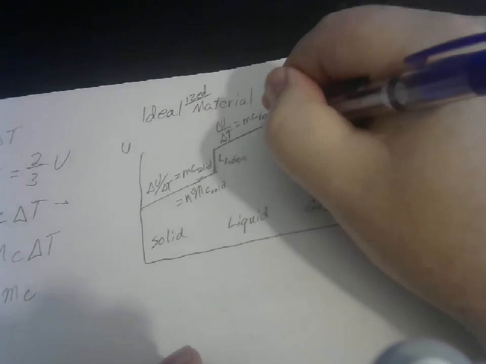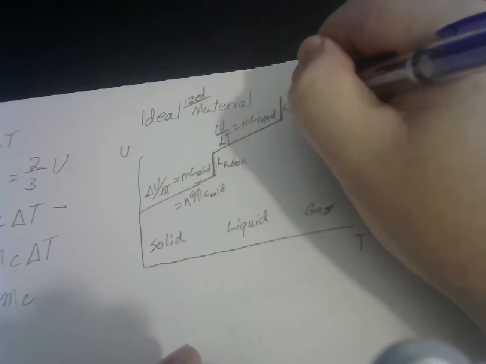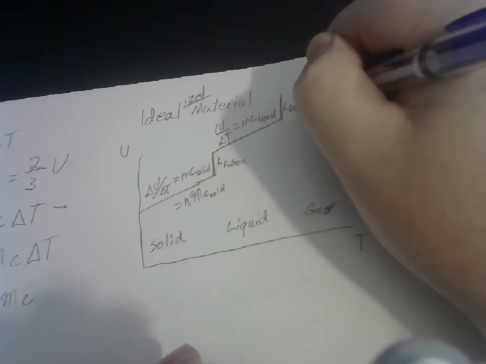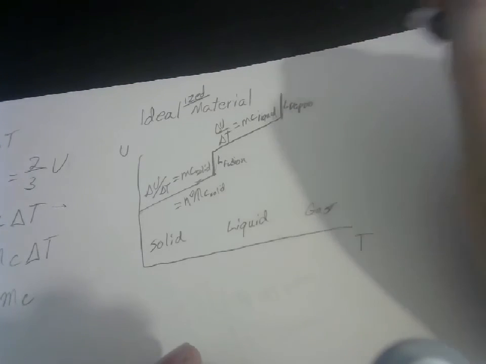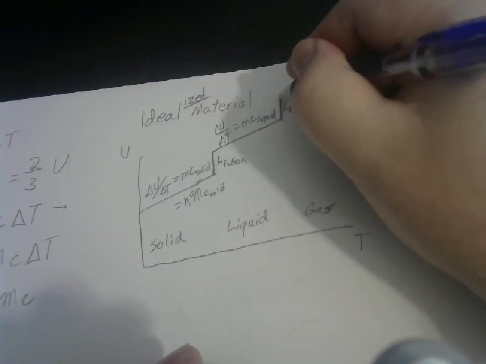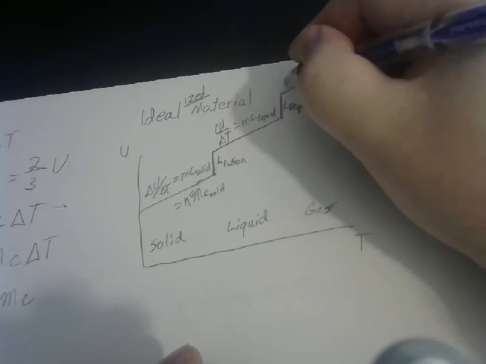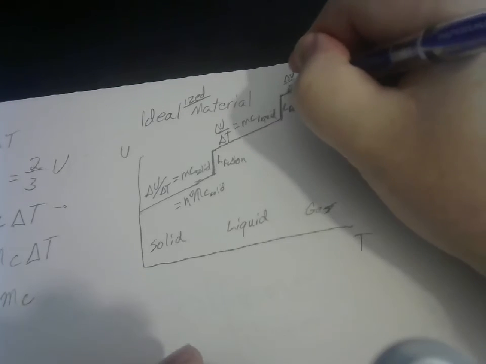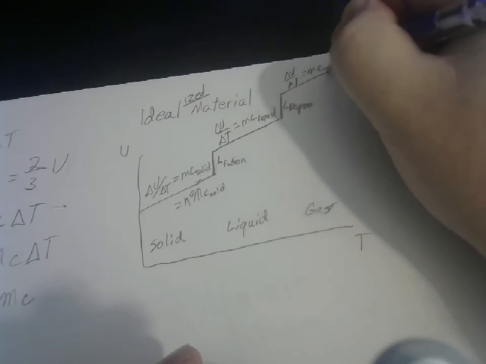Then once again, at a certain point, you're going to have the latent heat of vaporization, and after that you will have delta U over delta T be equal to the MC of the gas.